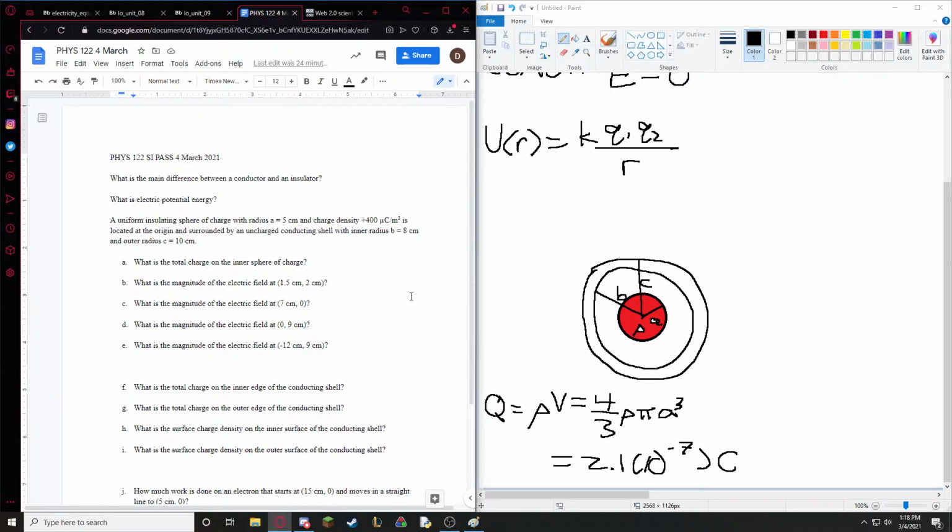So we want to know the magnitude of the electric field at these 4 locations. If you did quick Pythagorean math, you'd notice that each of these 4 is within one of 4 different regions. So the first point, 1.5 and 2, where is that? Is that between our sphere and our conductor, or is it inside our sphere?